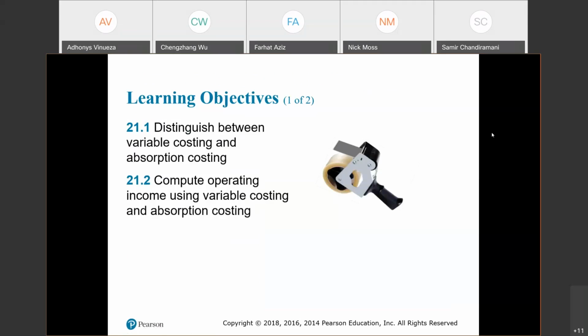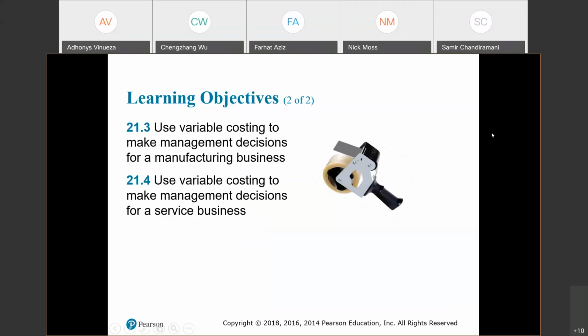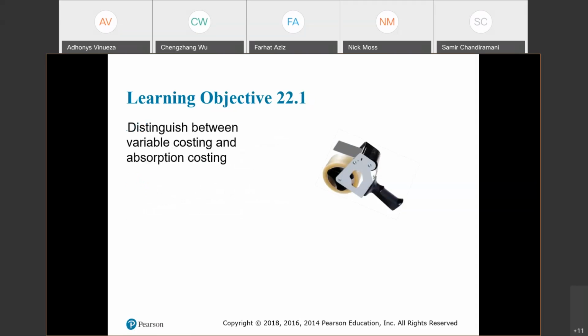And also, I will discuss how to compute operating income using variable costing and absorption costing. Well, in the next class, on Wednesday, we will discuss how to use variable costing to make management decisions for both manufacturing and service companies. All right, let's get started.